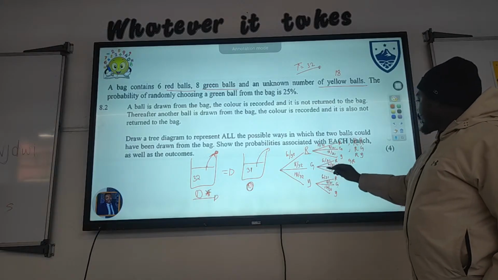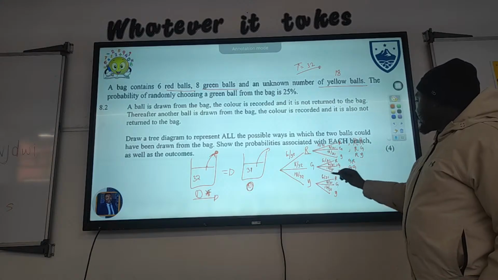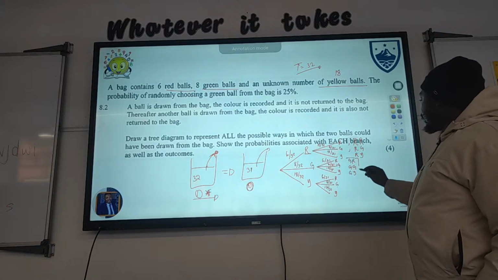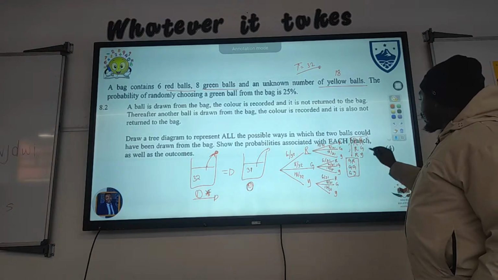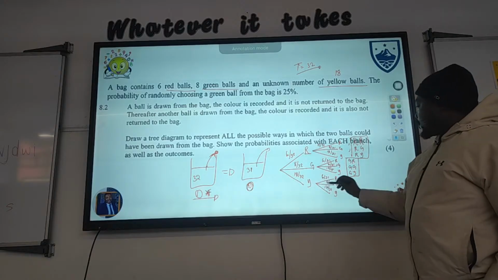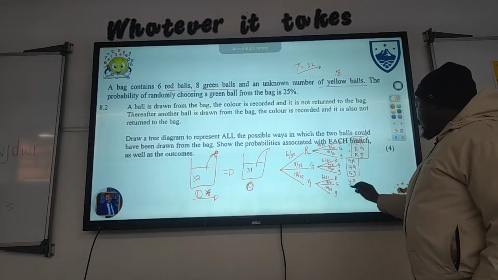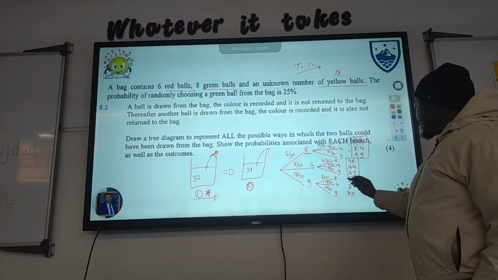For this one, green and green, and for this one, green and yellow. That's what is coming from this branch. This one is coming from that branch. You move along the branch. And then this one will be yellow and red. This will be yellow and green. This will be yellow and yellow. These are coming from that branch.